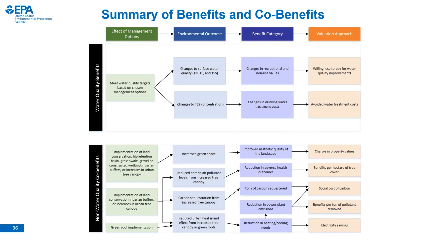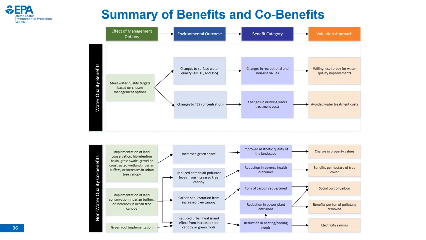For a subset of these, land conservation, riparian buffers, or increases in urban tree canopy, we can estimate potential reductions in air pollutant exposure, increased carbon sequestration, and reduced urban heat island effects. The latter is also associated with the implementation of green roofs.